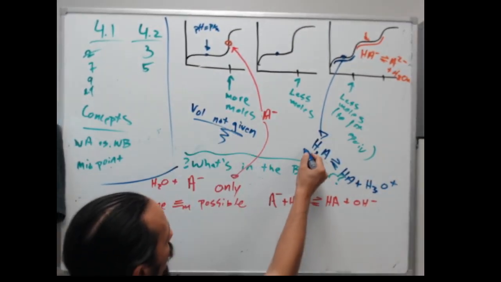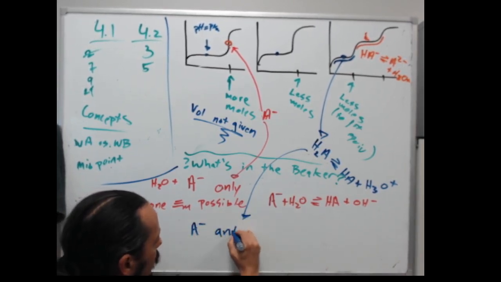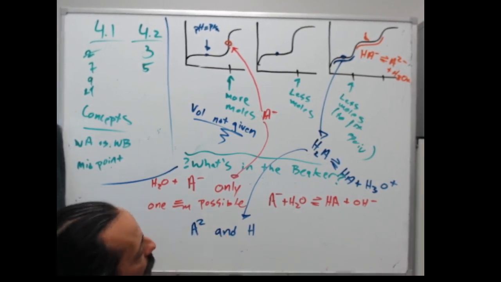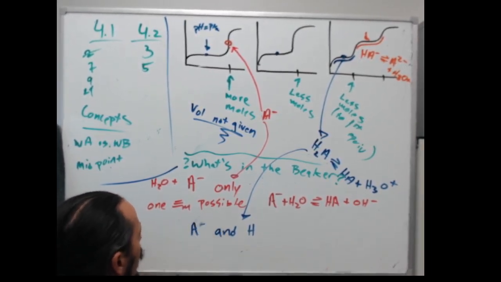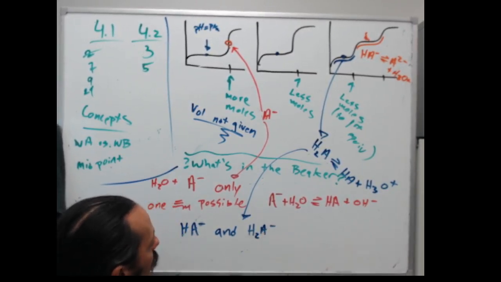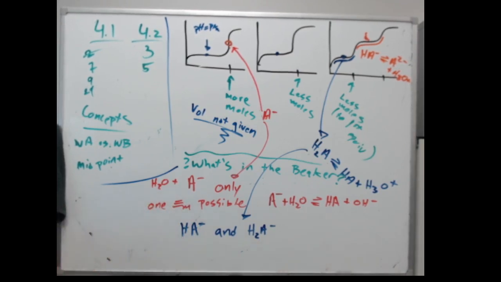What if we're at this point? Let's do it for this particular one. If I've got HA minus and H2A in solution, I can look at two different possible equilibria that are directly related to each other.